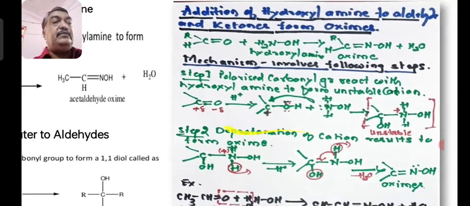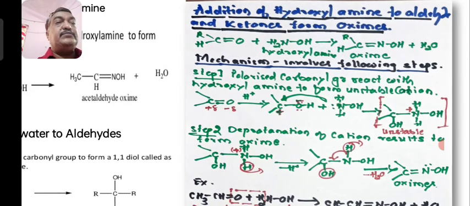The reaction pertaining to this, last time I have explained. So it is again my duty to tell you what this reaction is. RCHO, in written form I have given, an aldehyde or ketone generally reacts with hydroxylamine, that is NH2OH, to form RCH double bond NOH plus elimination of water. And the mechanism is very simple. Already you noticed carbon will be plus and oxygen will be minus because of the electronegative oxygen.